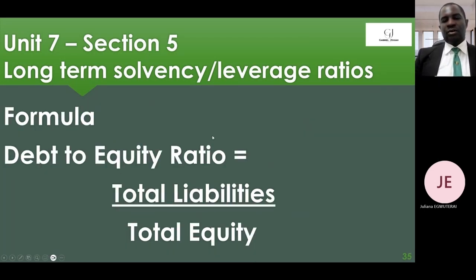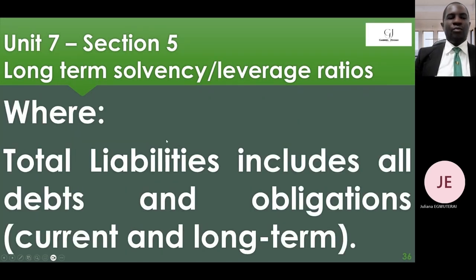It's a more comprehensive formula. We have total liabilities, like we saw as the debt, current and non-current, and we have total equity as the denominator. The total liabilities include debt and obligations, current and long-term. Very simple.